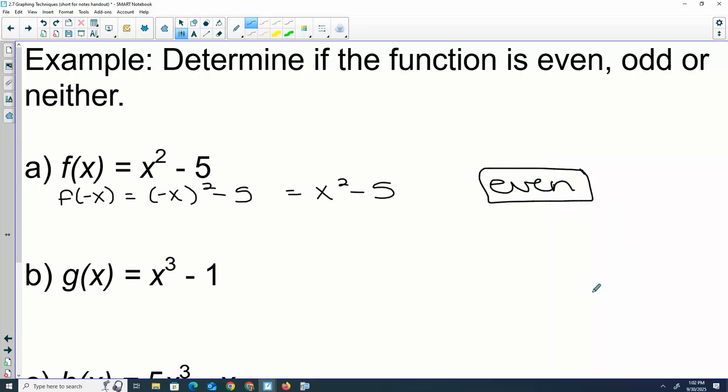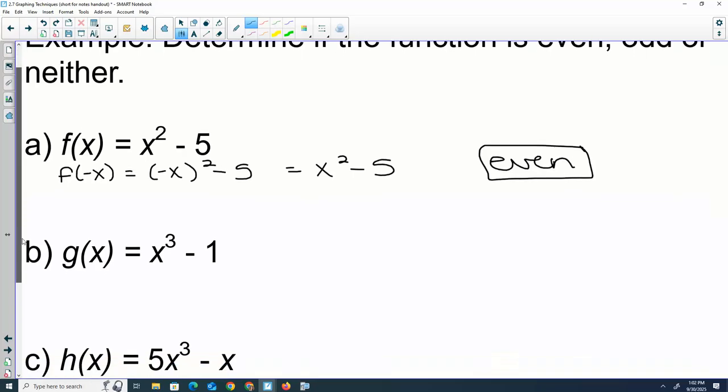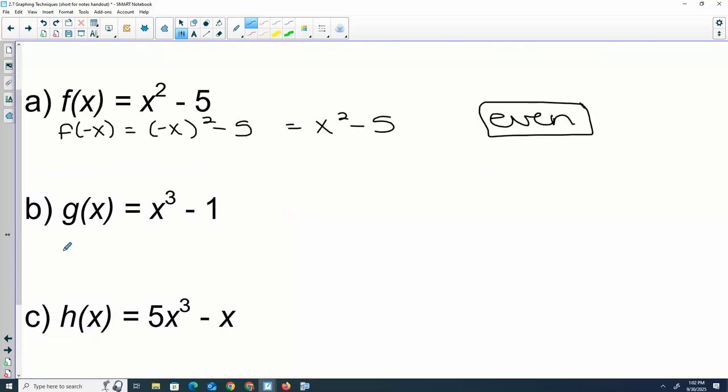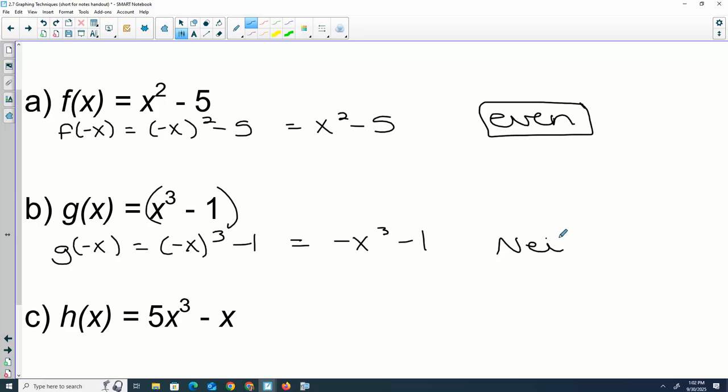So if you plug in negative, you get the original back, that's even. B. If I plug in a negative, negative x times negative x times negative x is still a negative. Is that what we started with? No. Is it the exact opposite? The original times negative 1? No. So this one is neither.